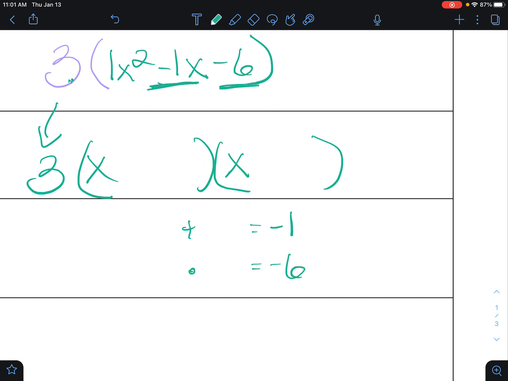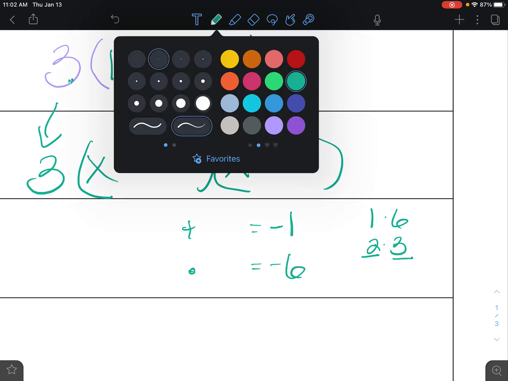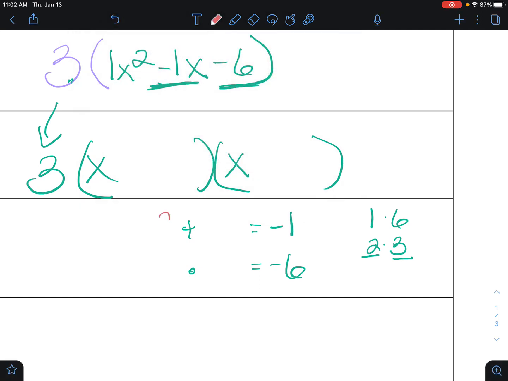When I think about numbers that multiply to give me 6, I think of 1 times 6 and 2 times 3. Well, there's no way 1 and 6 can give me negative 1. But whenever I think about 2 and 3, if I do 2 minus 3, that does get me to negative 1. So I know my magic numbers are going to be 2 and negative 3.